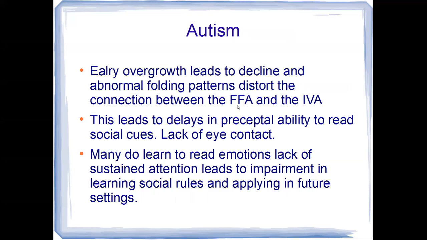And what I think goes wrong in autism is, like Mona talked about in her presentation, one of the major theories in autism is the overgrowth decline pattern. And that pattern tends to lead to distortions in specific brain regions.